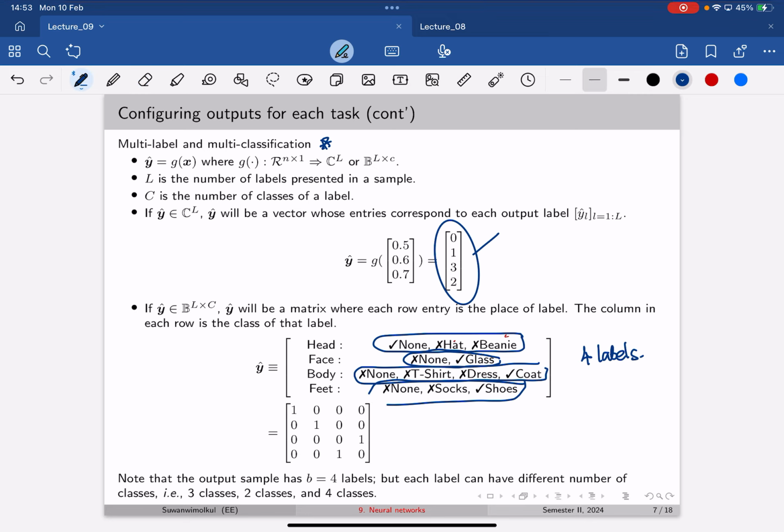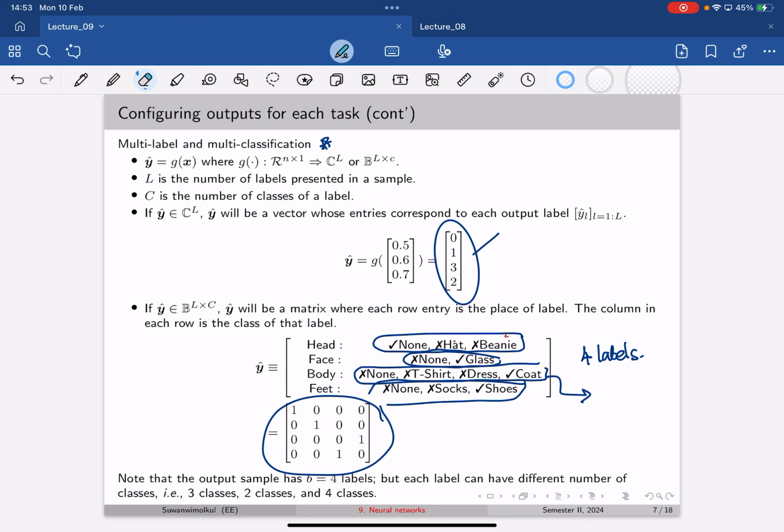But when you put them as binary, you have to make sure that the dimension of your binary vector, or maybe matrix now, is consistent for all of your labels. For example, at the moment, the maximum number of classes is 4.